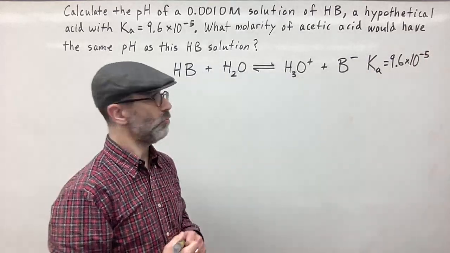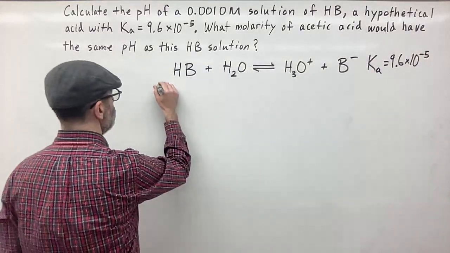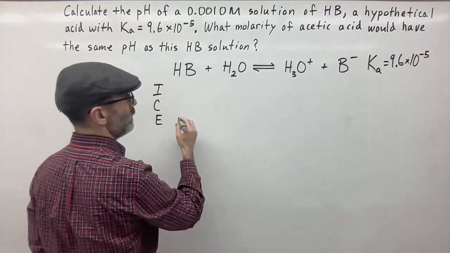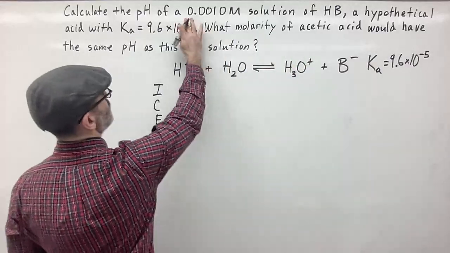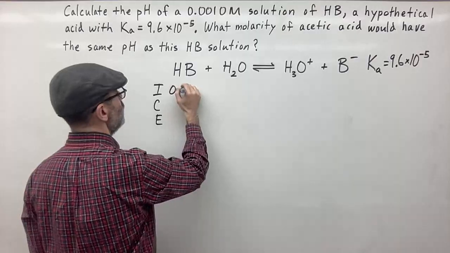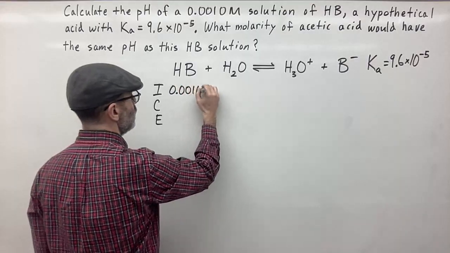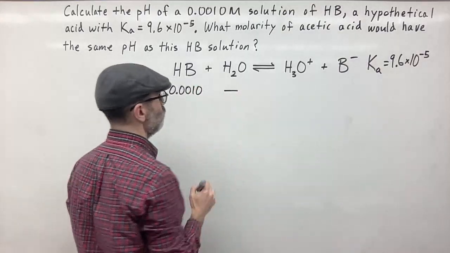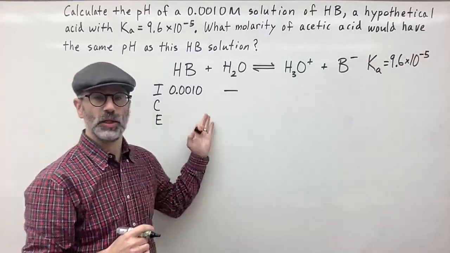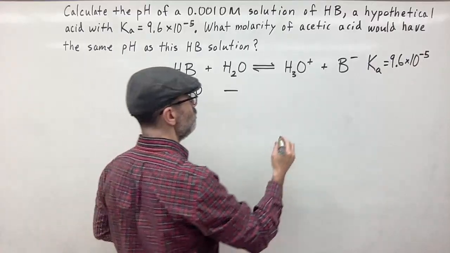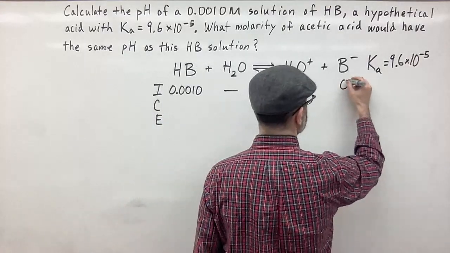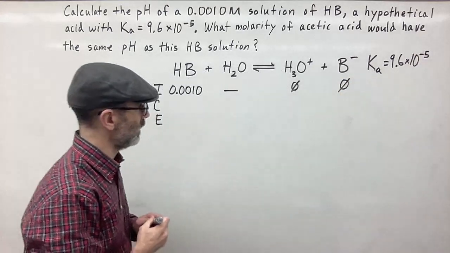Okay, so let's do our ice table. The initial concentration we're told is 0.0010, so we'll put that here for HB. Of course, we don't care about water because that's a liquid. That's not going to be part of our equilibrium expression. And we start with 0 amount of H plus and 0 amount of B minus.